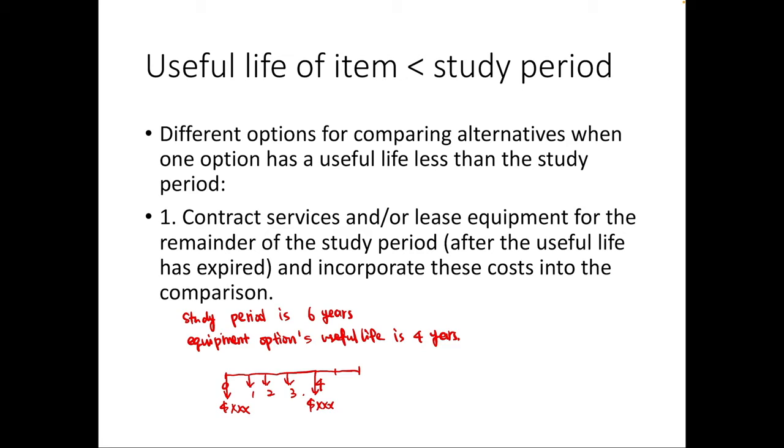If it's a lease, you don't have to pay for the maintenance. The company will pay that, right? So you don't have any cash flow, but you just add this leasing fee on the cash flow diagram. And then you can compare this with another 6-year useful life option.